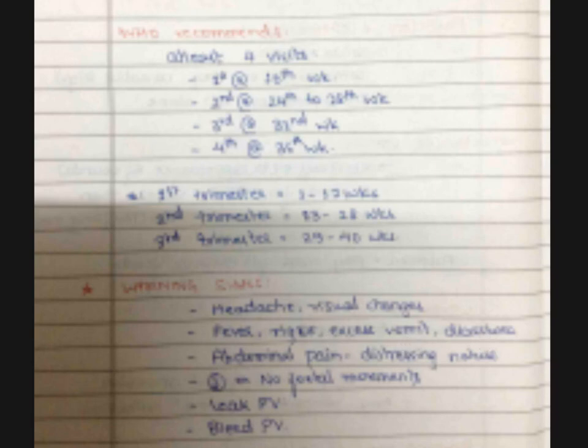If there is abdominal pain which is distressing in nature and abnormal, you need to admit the patient. If there is decreased or no fetal movement at all, the patient needs to be admitted, because it tells that the fetus is not in good condition. If there is any leaking PV or bleeding PV at an abnormal time, the patient also needs to be admitted.